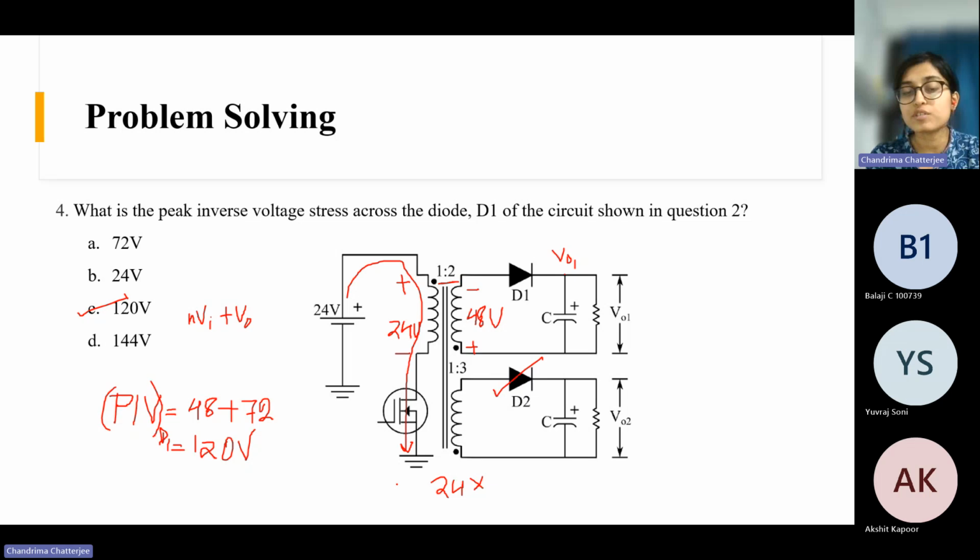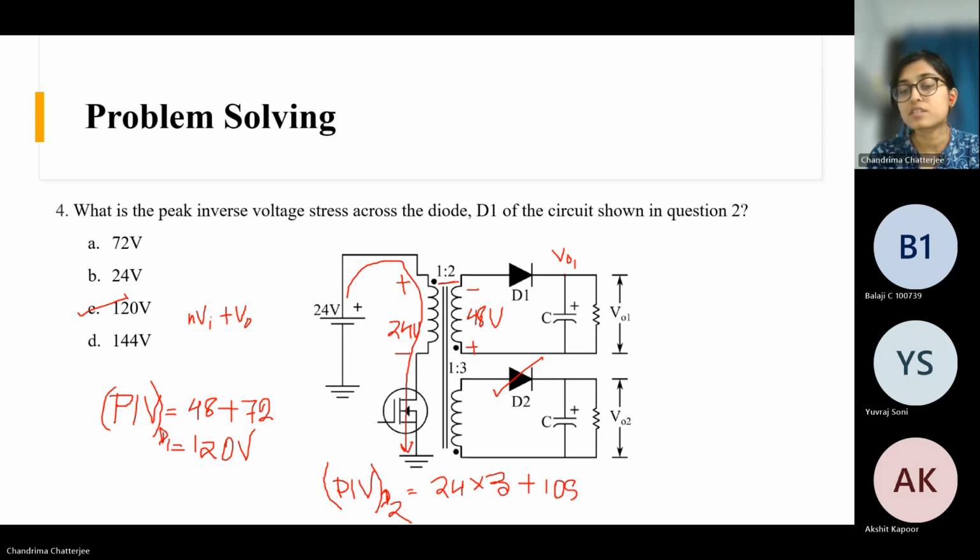To find the PIV of D2, the same way, 24 into 3 is 72, plus the output voltage, which was 108.